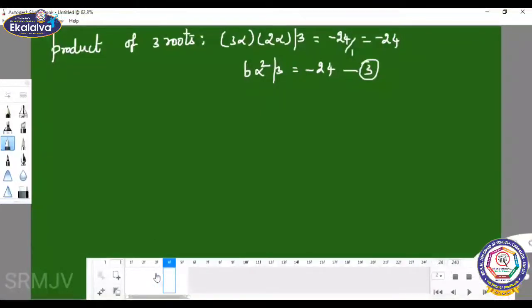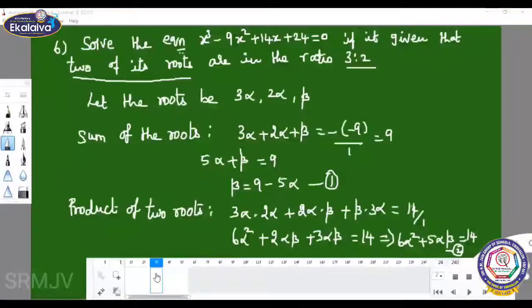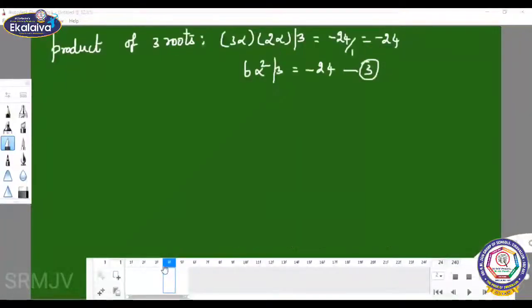What is the second one? 6 alpha square plus 5 alpha beta equal to 14.